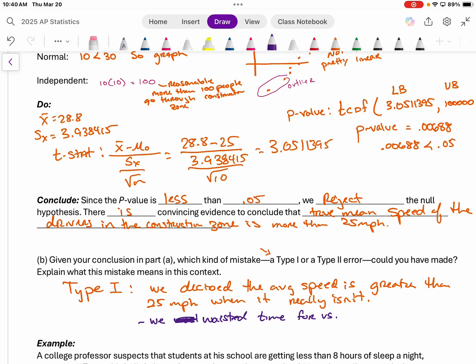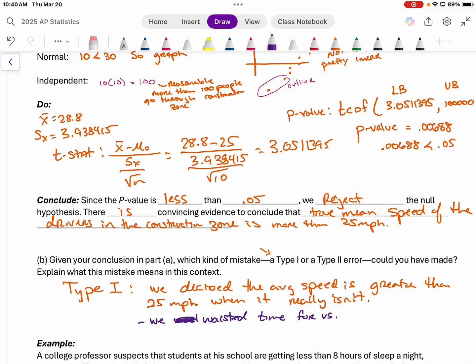And where is it a waste of time? Is because if we say that people are driving through that construction zone faster, there's evidence to support that. What most likely are law enforcement going to do? Well, they're going to put somebody by that construction zone so they can pull you over, right? Otherwise, if they think there's not enough evidence, they don't need to put a cop car there and have somebody ready to pull people over for speeding. So in this case, since we said there is evidence, what's the downfall if we were wrong?